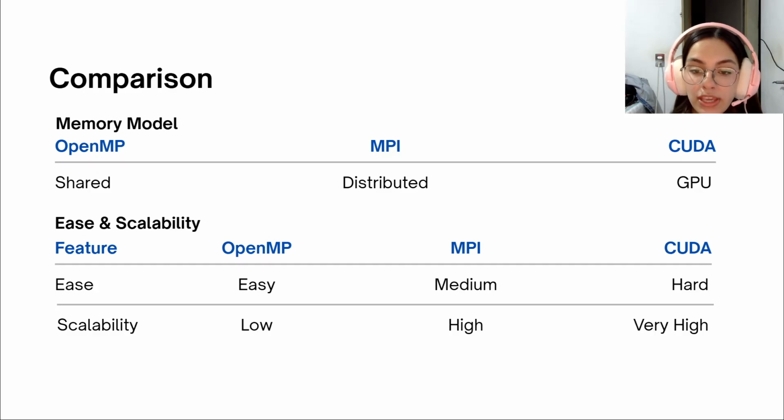So, in terms of ease of programming, OpenMP is the simplest. MPI requires more effort due to explicit communication. CUDA is the most complex. So, regarding scalability, OpenMP is limited, MPI scales very well, and CUDA provides massive parallelism on GPUs.